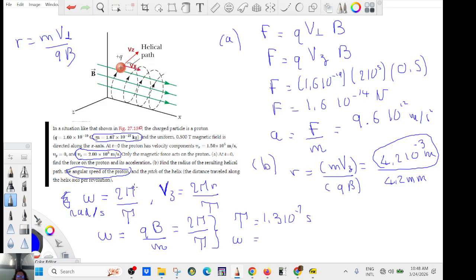So omega, you can use 2 pi over T. I think it's 4.8 times 10 to the 7 rad per second. Yeah, okay, so it's good. What did you use? You used this one? Yeah, you can use this one.